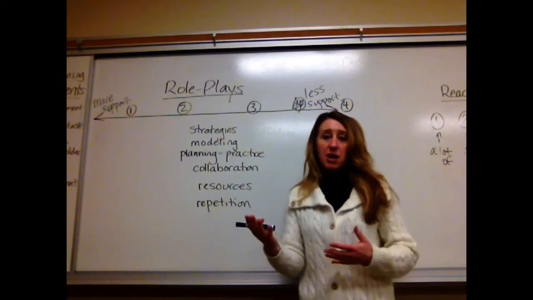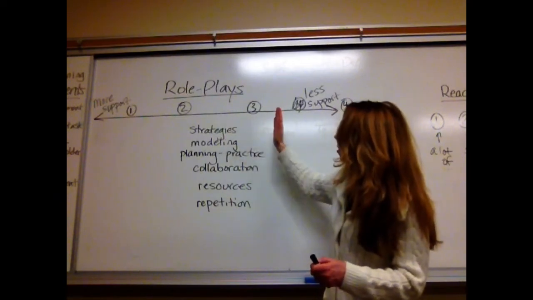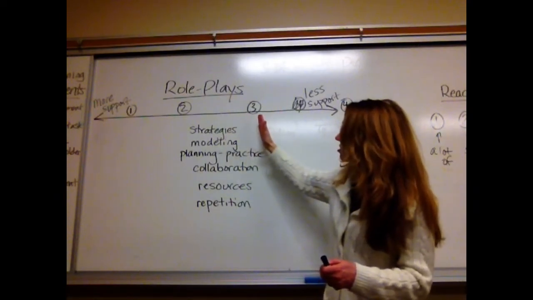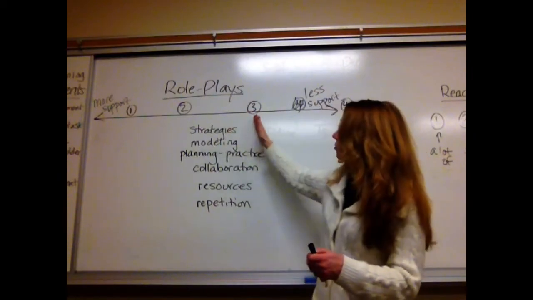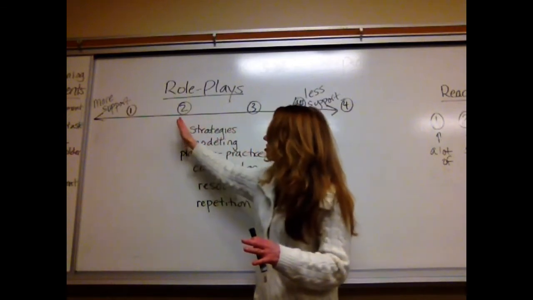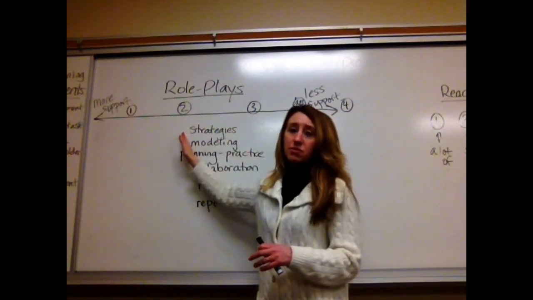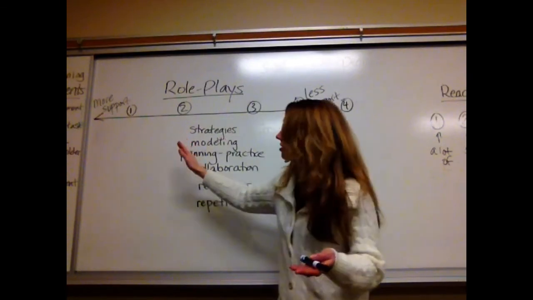Was there anything about it that could be improved? So one way that you could provide assistance for students, if they're not ready to do that role play completely independently, is you could carry it out in front of them and point out a few things.